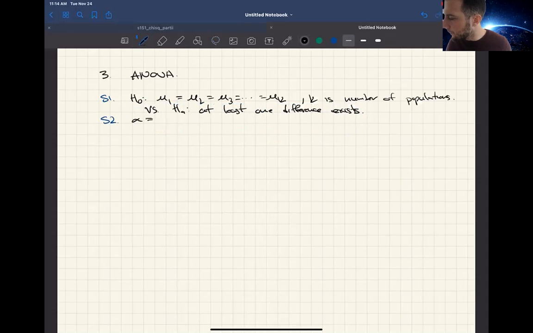All right, on step 2 of this, we state alpha. On step 3, we compute the test statistic, which is F, equal to the mean squared treatment divided by the mean squared error.